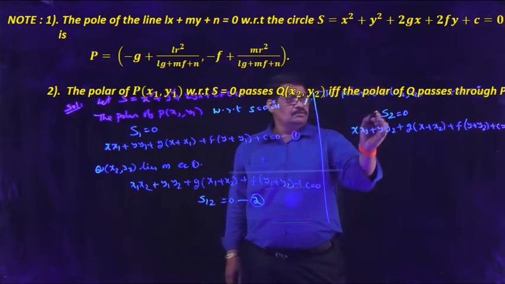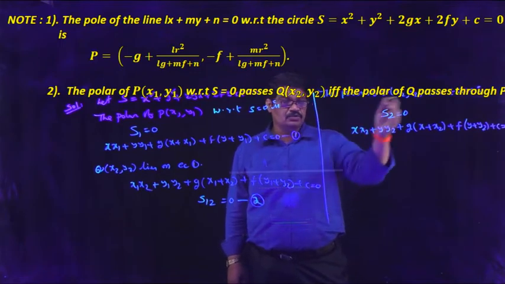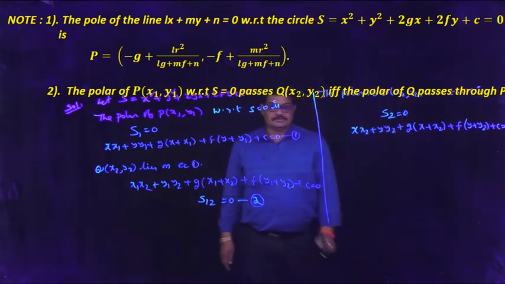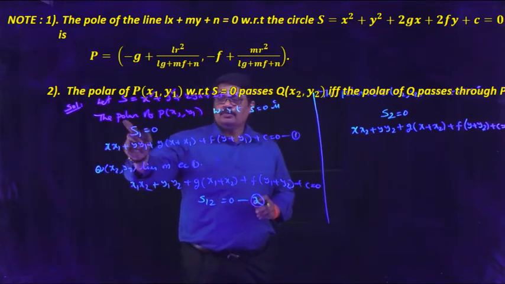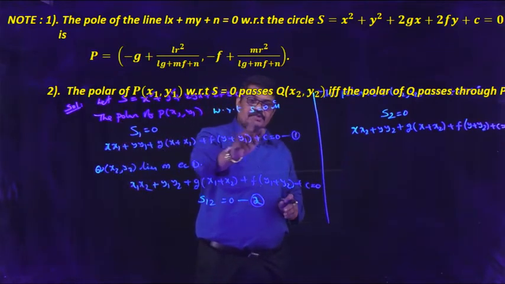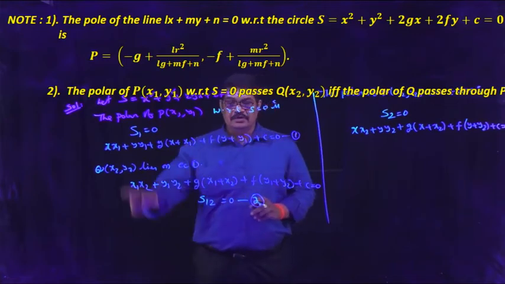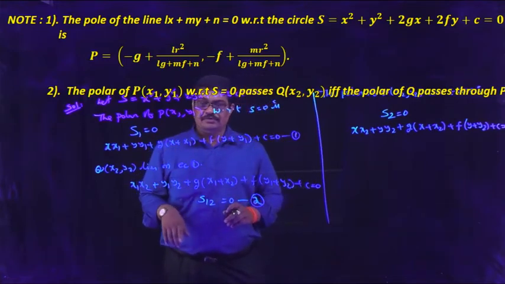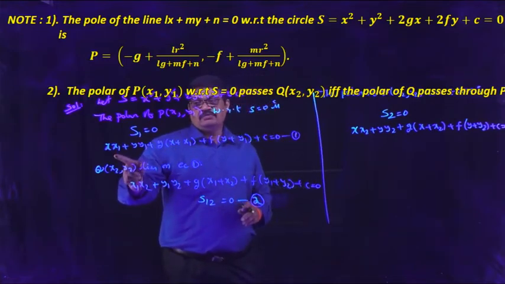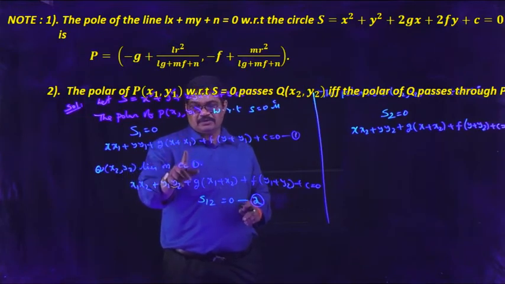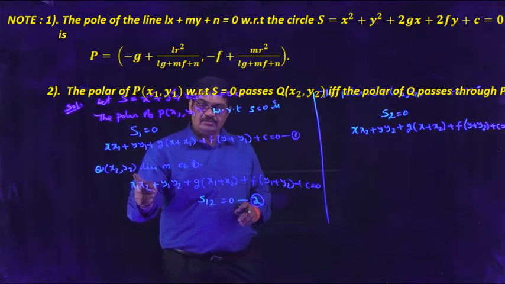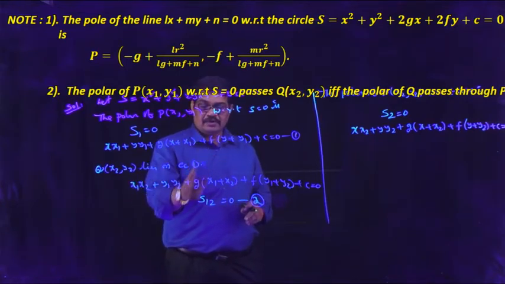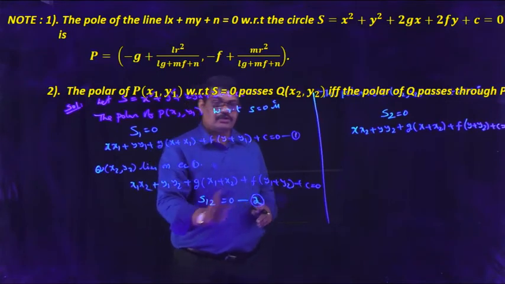Okay, now this polar passes through the point P. Now we write the polar of P(x1, y1) with respect to the circle S = 0, which is S1 = 0. This is the polar equation of P(x1, y1) with respect to the circle, and it passes through the point Q(x2, y2). So Q lies on this equation. Now we substitute, and we get S12 = 0.